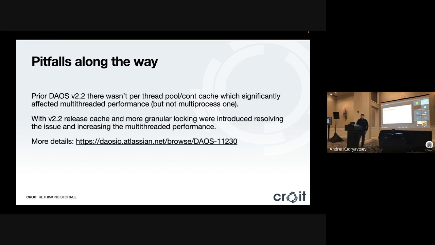This was fixed in 2.2, and there's a ticket here if you want to read a little bit more about it on the Jira. All development is done publicly, and you can find all of our findings and problems in the DAOS Jira.